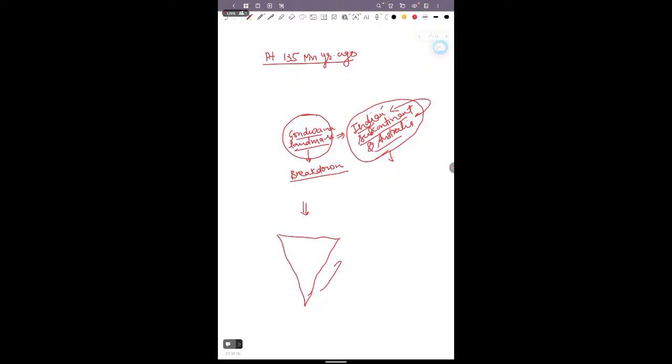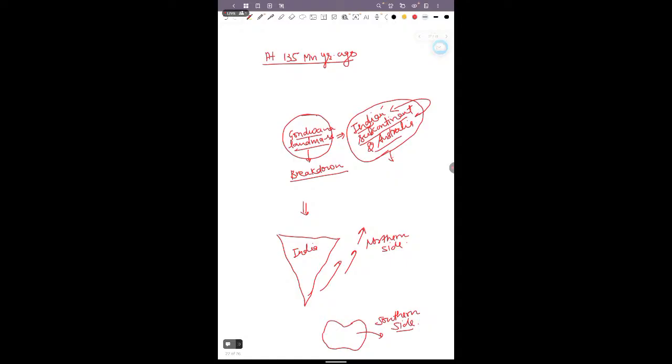the Indian subcontinent started moving towards the northern side, whereas Australia was moving towards the southern side.